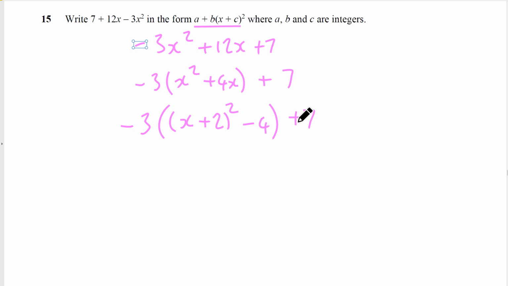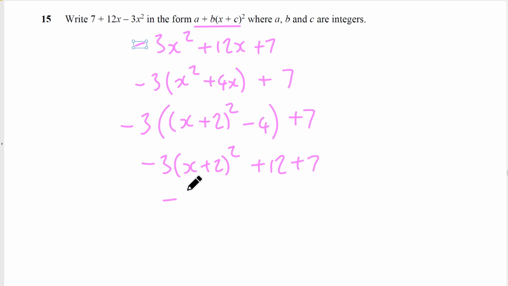Now we want to expand that out, but leave the x plus 2 squared here. What's minus 3 times minus 4? Let's put this on the outside, plus 12 plus 7 now.